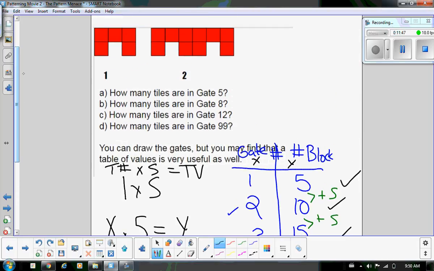I need my little Padawans to figure this out right now. What is 99? I'm going to go to Satvik. Satvik, why is it 495? 99 times 5 equals 495.